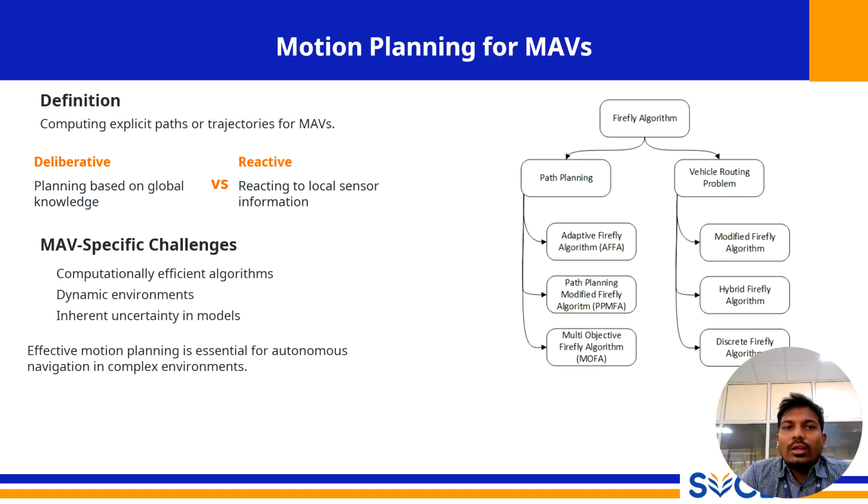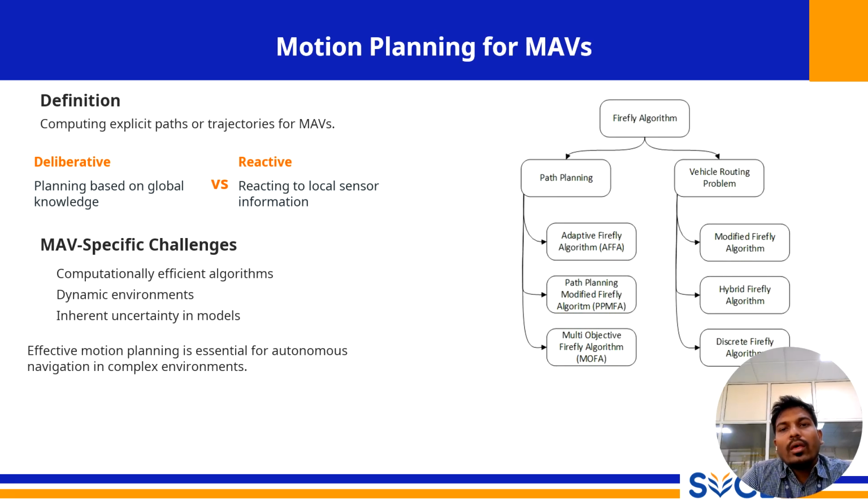Effective motion planning is essential for autonomous navigation in complex environments. Motion planning is the process of computing an explicit path or trajectory for MAVs.